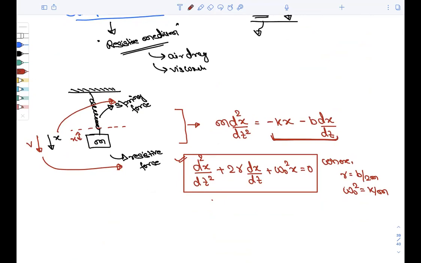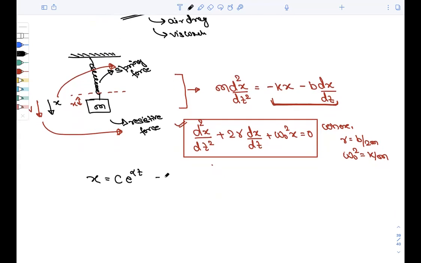Now let us assume that x is equal to c e to the power alpha t. Then we can simply write dx by dt is c alpha e to the power alpha t, and d square x by dt square is equal to c alpha square e to the power alpha t.